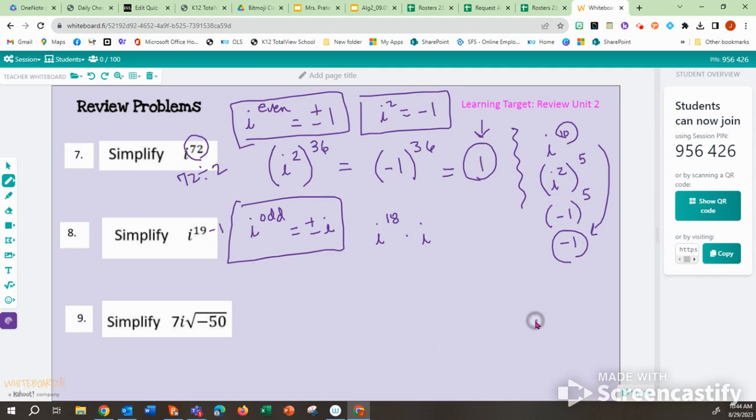So if it were i to the 7th, you would subtract 1, and you would rewrite it as i to the 6th times i. You're not changing the value. What you're doing here is you're getting an i to the largest even exponent that you can get. Then you're going to take that i to the 18th, and you're going to rewrite it as an i squared.